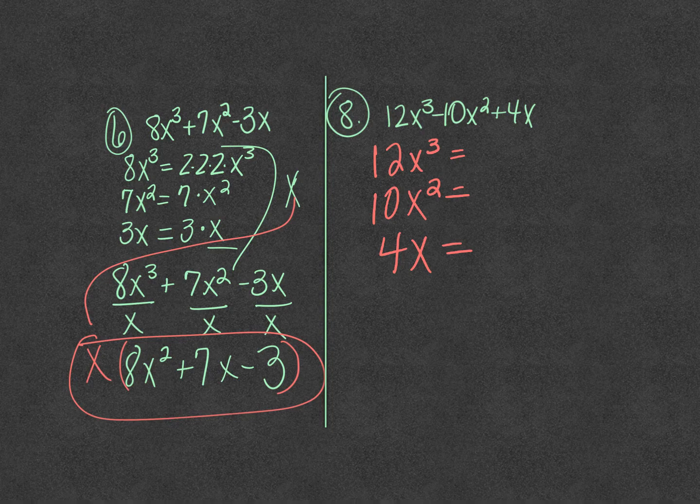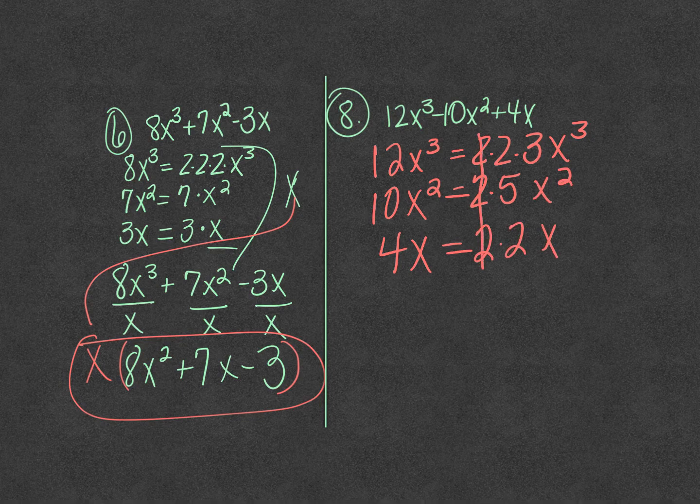So our factors for 12, of course you can do your prime factors to find those, but we know that 2 times 6 is 12, and then 2 times 3, so it'd be 2 times 2 times 3, x to the third, 2 times 5, x squared, and 2 times 2, x. In this case, we have a 2. And then when we look at our variables, we also have 1x. So 2x is our greatest common factor.